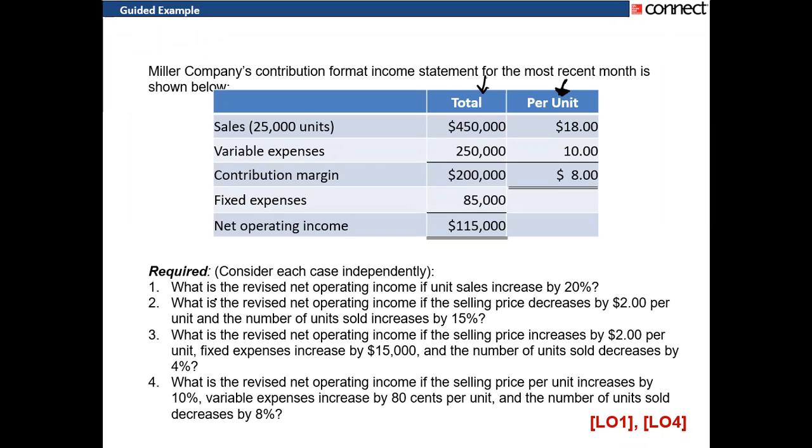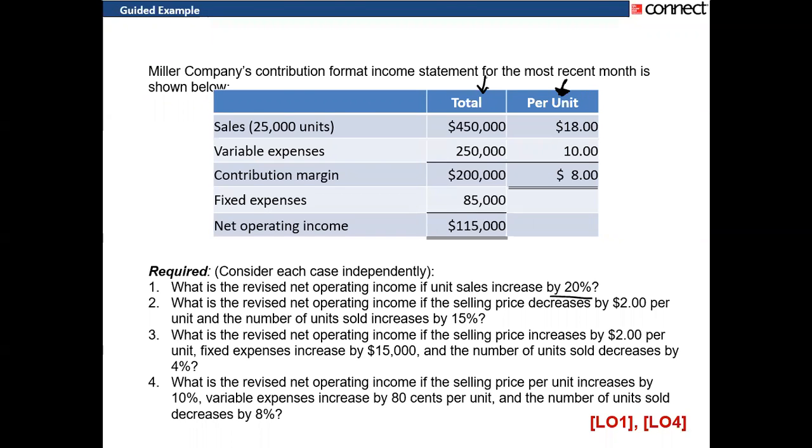Okay, so requirement 1: what is the revised net operating income if unit sales increase by 20%? If unit sales increase by 20%, what will be the revised net operating income? So what can you do?